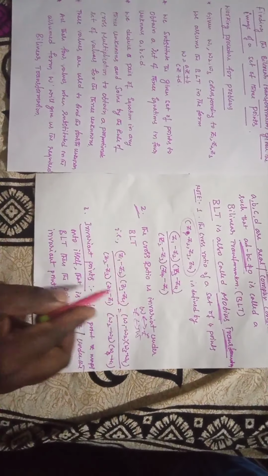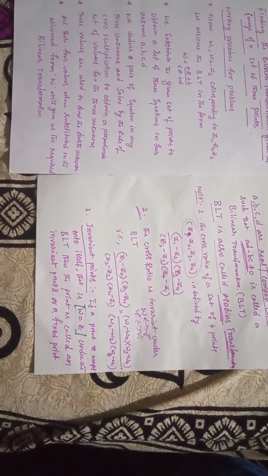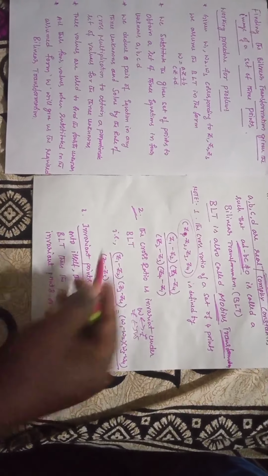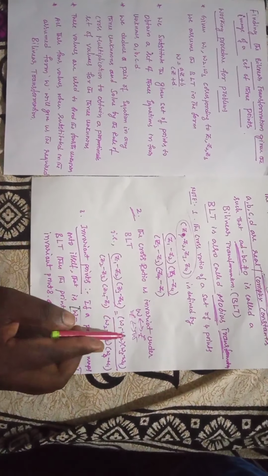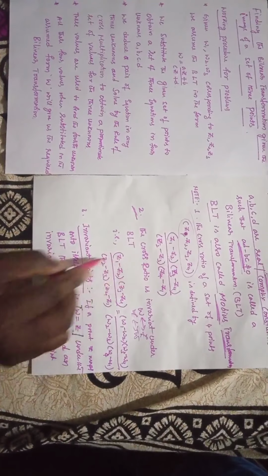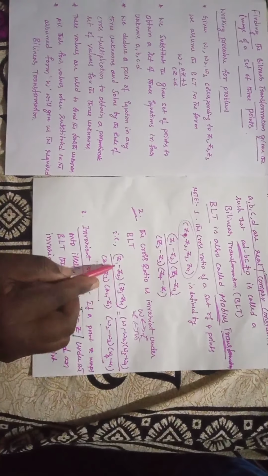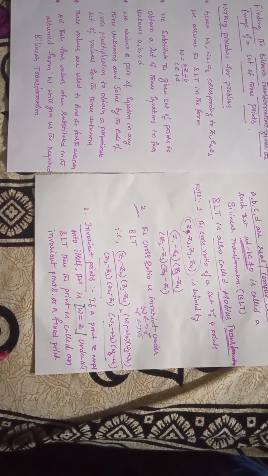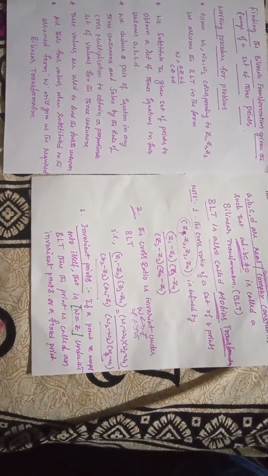The cross ratio is invariant, meaning the same, under the bilinear transformation. This is one of the theorems in bilinear transformation. The cross ratios of both the planes are equal, invariant.